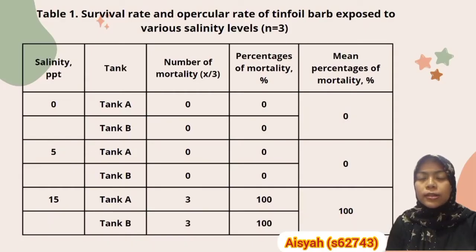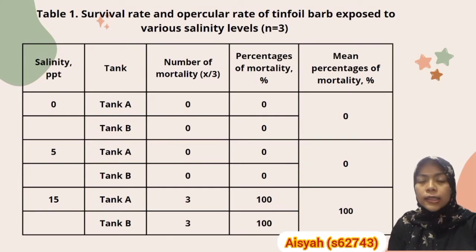Result for table number 1, survival rate and opercular rate of tinfoil barb exposed to various salinity levels. There are 3 different salinities, which are 0, 5 and 15. The unit is parts per thousand, ppt.